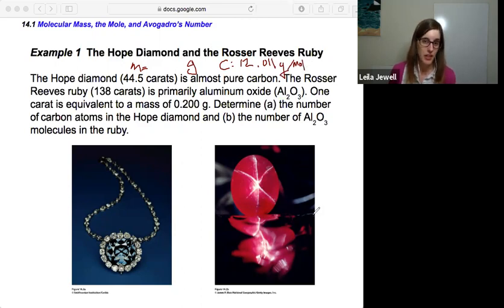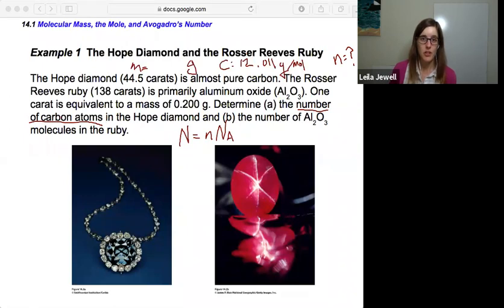So mass divided by our mass per mole will get us number of moles, little n. Is that what we're solving for here? Let's see, number of carbon atoms. It doesn't say number of moles. Since it says number of carbon atoms, what it's asking for is capital N. So capital N, we remember, is the number of atoms, and that's related to the number of moles by Avogadro's number.